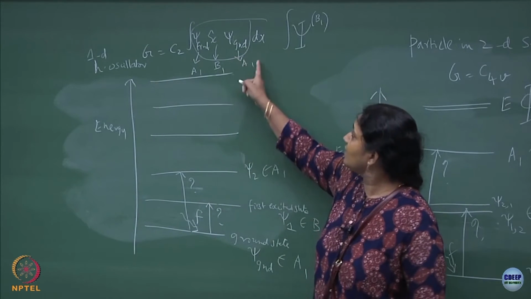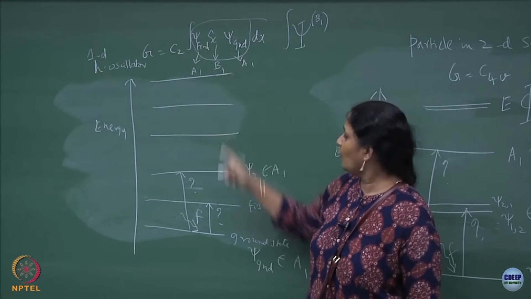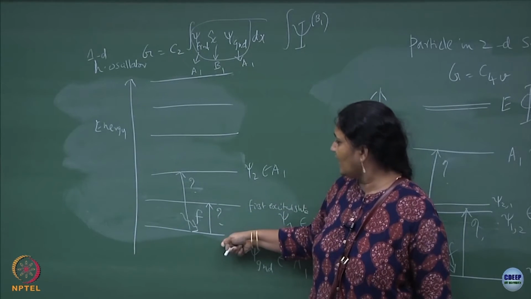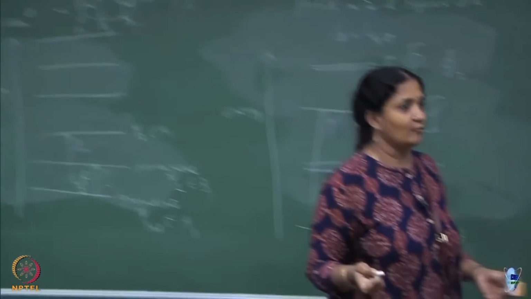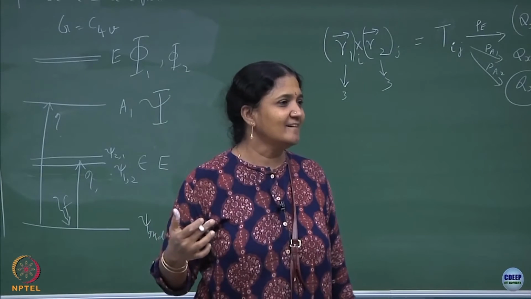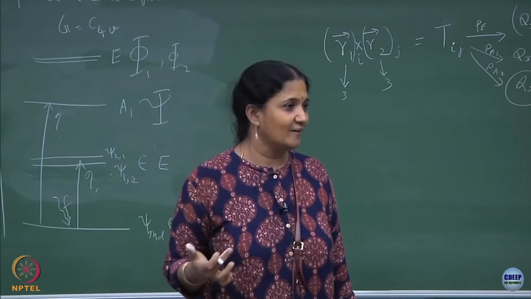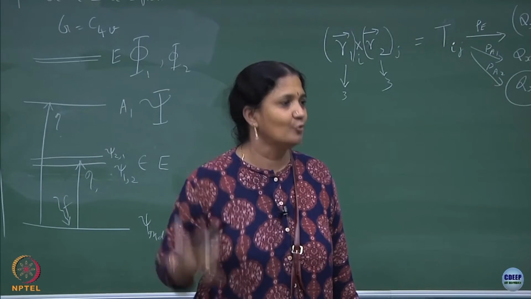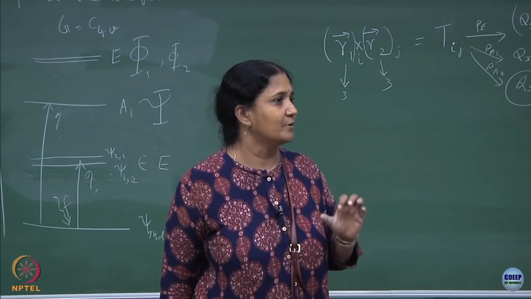Clearly you know which one is allowed and which one is not allowed in this example, right. If you go from, let us say, the ground state to the first excited state, it is allowed for the exact operator. To go from the ground state to the second excited state is forbidden. From odd or even you can argue. Now, we are going to argue from group theory and see that this is exactly what is going to happen.